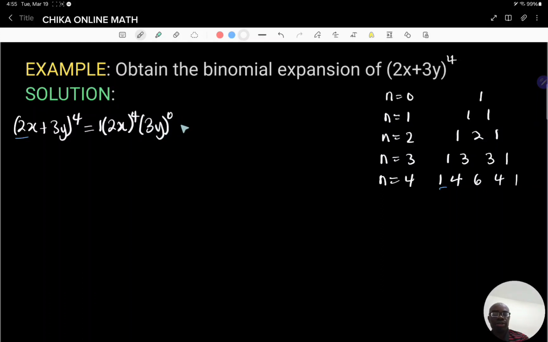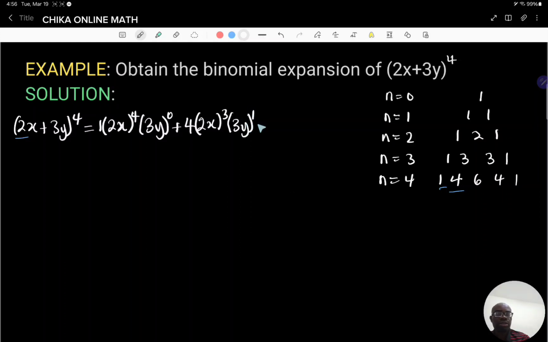Plus, next we pick the second coefficient 4. The power of 2x before is 4, so this time it will decrease by 1, so we have 2x raised to the power 3, while the power of 3y will increase by 1, so from 0 it will jump to 3y raised to the power 1.